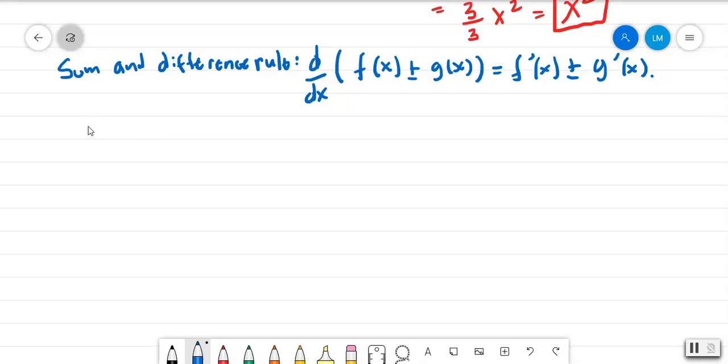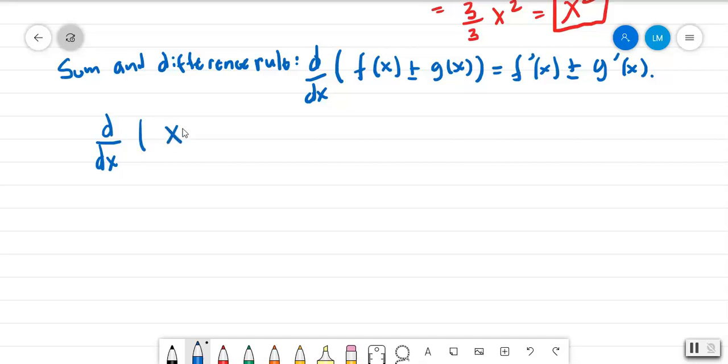So what this is saying is that if we take the derivative of, say, a polynomial.